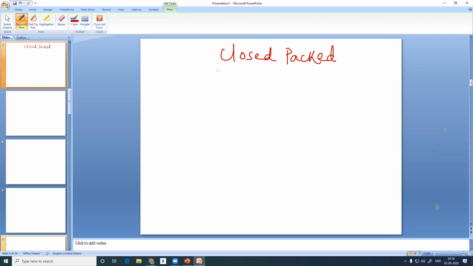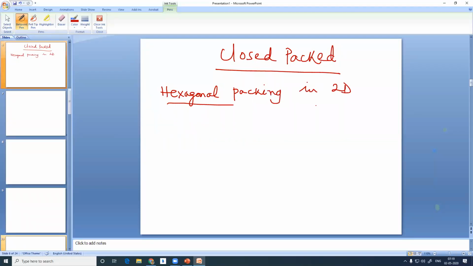In close packed, I have already told you the hexagonal packing. We'll be doing the diagram in 2D. First, let us draw a 2D layer. That was square packing, and the result of square packing was the simple cubic.